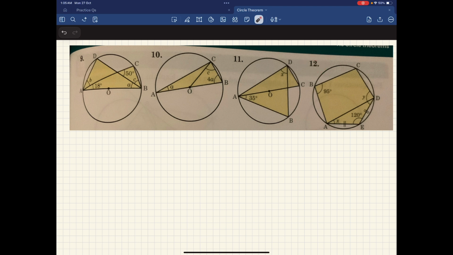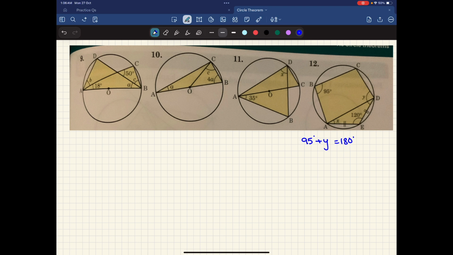Okay. So A, B, C, D, all 4 points on the circumference. So ABCD qualifies as a cyclic quadrilateral, which means 95 plus y should add up to 180 degrees. Why? Because the opposite interior angles of a cyclic quadrilateral are supplementary, which means they add up to 180.